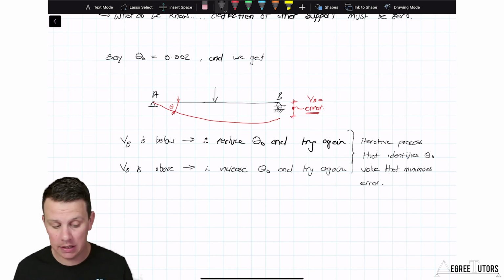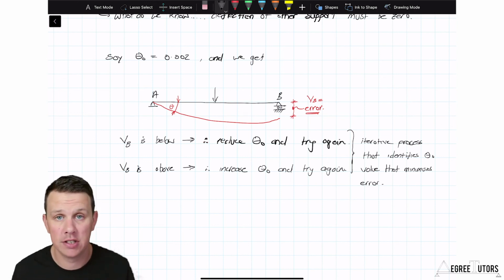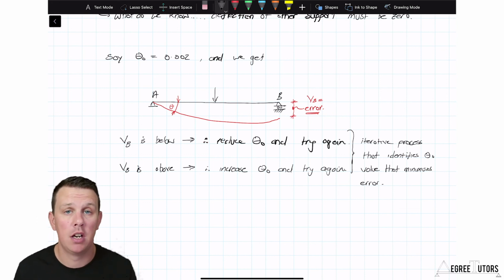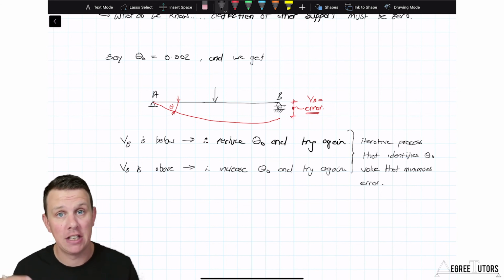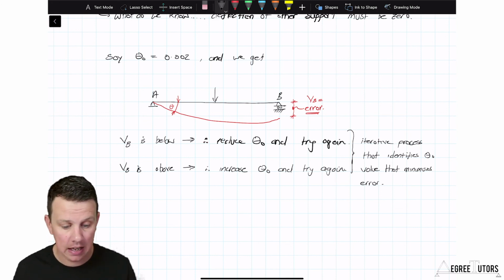We'll write a function that calculates the deflection. We'll then write some logic that checks the error, alters our initial value of theta 0, recalls the function, and checks the error again. We're going to keep doing that until we get our error within acceptable limits. That's the basic workflow that we're going to implement over the rest of this project.